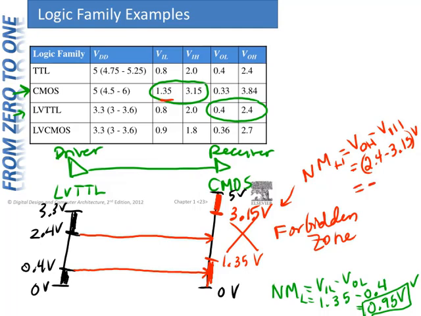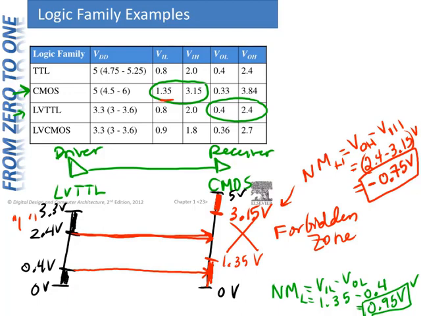And so here we have a problem. We get minus 0.75 volts. So we have not only no noise margin, but a negative noise margin. And as we saw with our thought experiment here, a worst case output high, a worst case 1 from the LVTTL driver would not be received as a 1 on the CMOS input. In fact, it's in the forbidden zone, in the forbidden region.